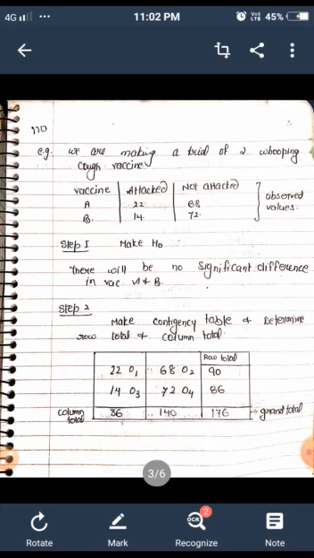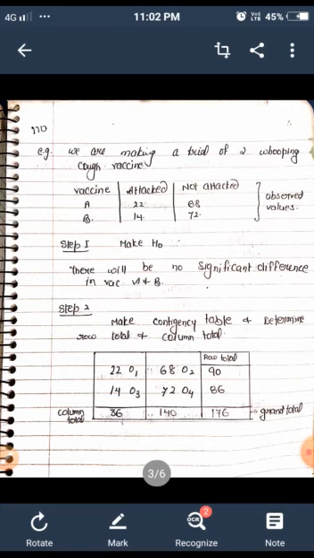Now step 2 is you need to make the contingency table and determine the row total and column total. So first of all, we will see what the row total is. Row total is 22 plus 68. So 22 is our observed value 1, 68 is our second observed value.